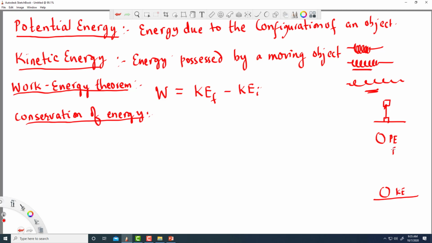In between, it will have a combination of potential and kinetic: more potential and less kinetic on the upper part, and more kinetic and less potential on the lower part. But the total is always equal. Total energy is the sum of potential and kinetic energy, and that always remains constant. So that's the conservation of energy.